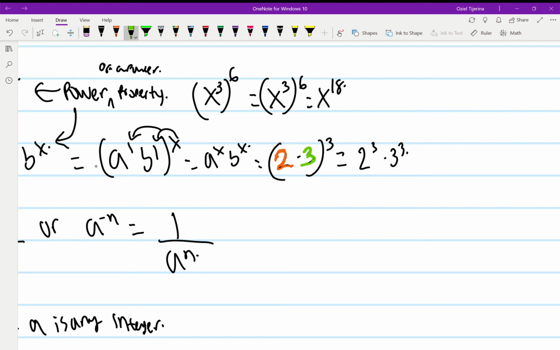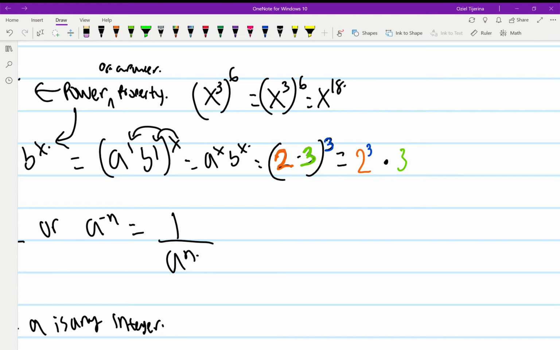And then cubed over here. So that's saying that this is 2 cubed times 3 cubed. Okay, sorry.